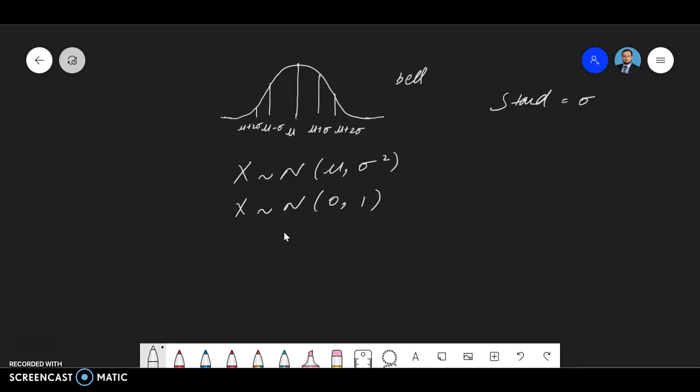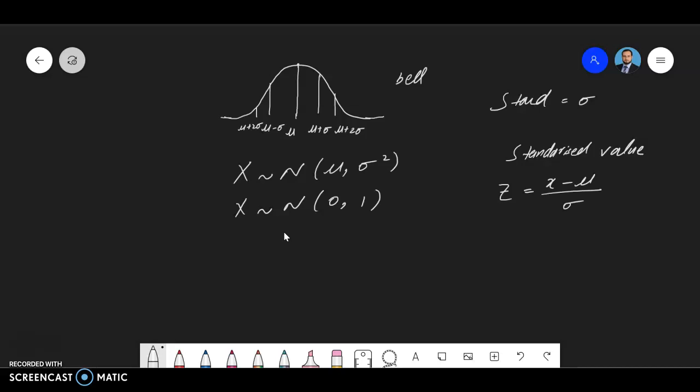Okay, so when we are gonna solve problems with normal distribution, we need to remember the z-score. The z-score is basically a standardized value, and we are given a formula which is z is equal to x minus mean over standard deviation.